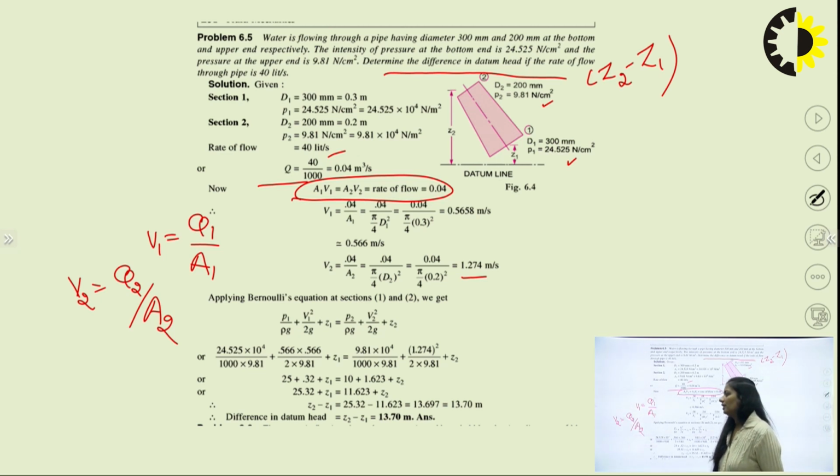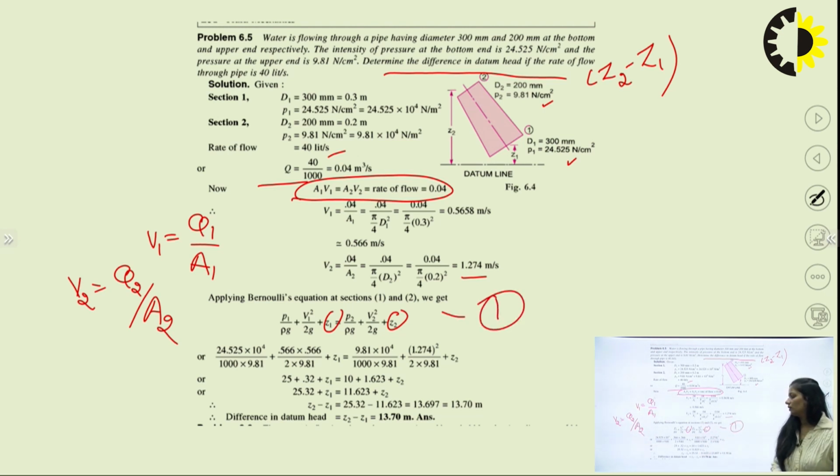Now simply apply Bernoulli theorem in both the sections. Just put P1 by rho g, V1 square by 2g, Z1, you do not know the value for Z1. Then P2 by rho g, V2 square by 2g, and also you do not know the value for Z2. Put all those parameters and values in this equation.